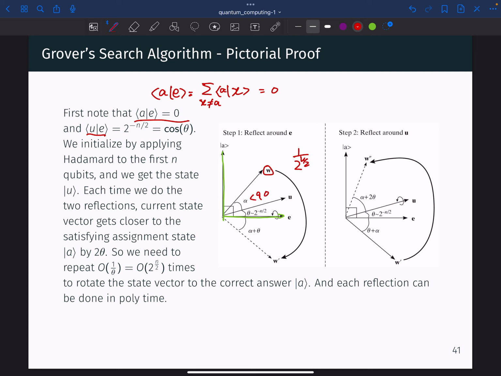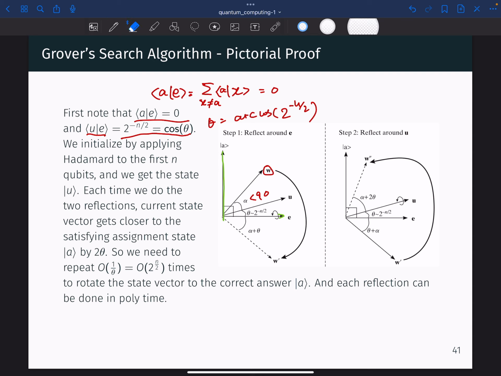And we'll call this angle between U and E theta. So theta is proportional to 2 to the power of -n/2, because theta is actually just the arc cosine of 2 to the -n/2, which is a small angle.